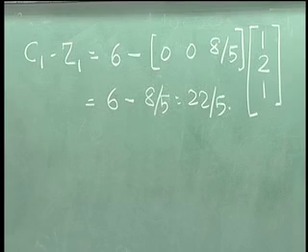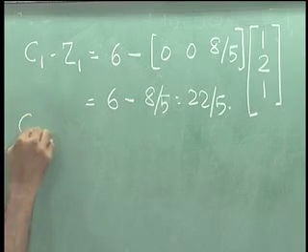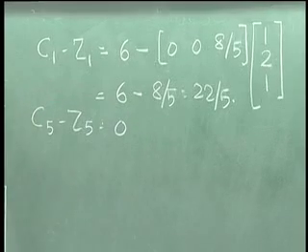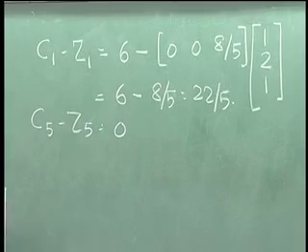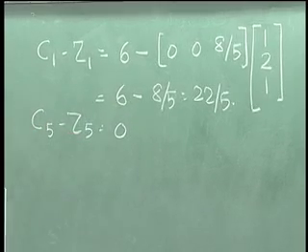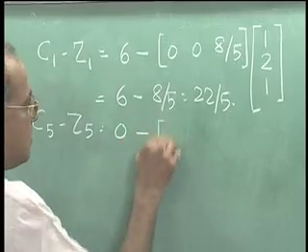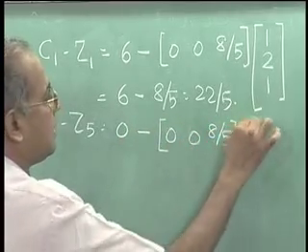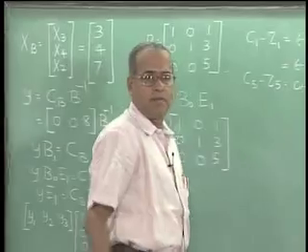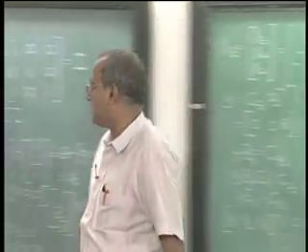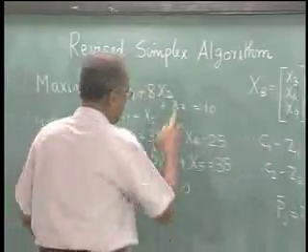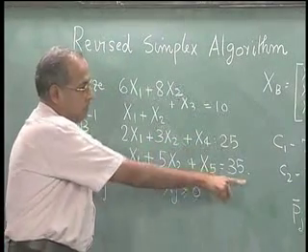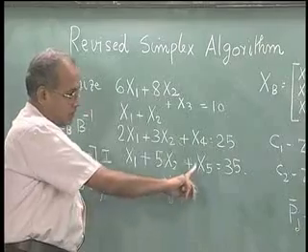Now, C5 minus Z5: variable x5 is a slack variable, therefore, C5 is 0 minus y, 0, 0, 8 by 5 into P5. P5 comes from here. So, P5 is 0, 0 and 1 because variable x5 appears only in this constraint with the coefficient of 1.